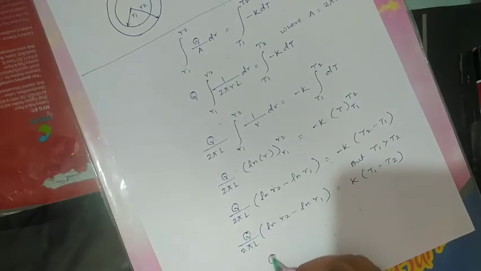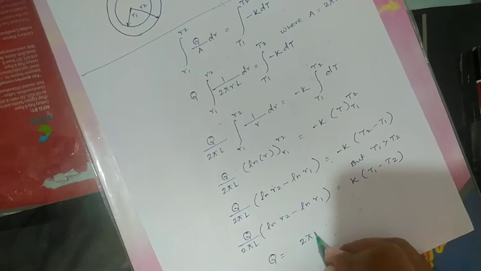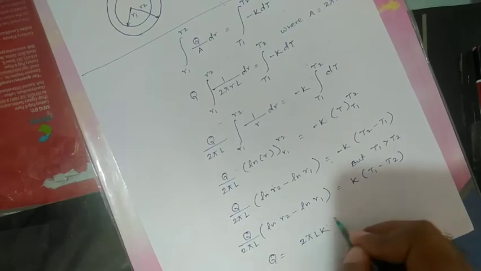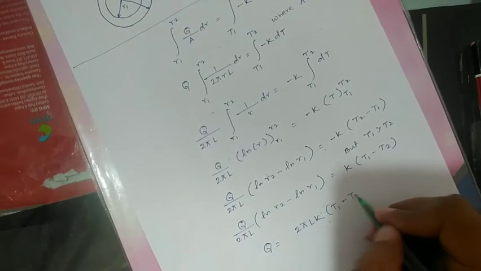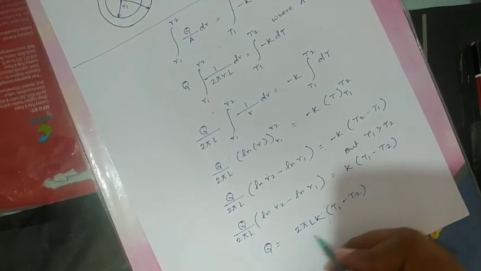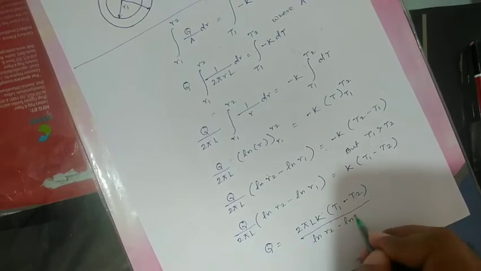So Q equals 2 pi L K times t1 minus t2, divided by ln of r2 minus ln of r1.